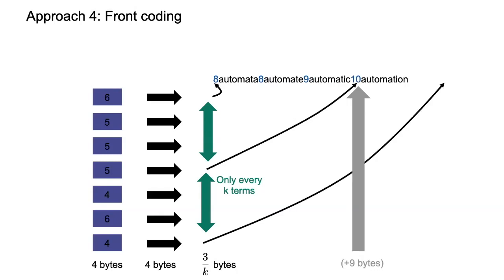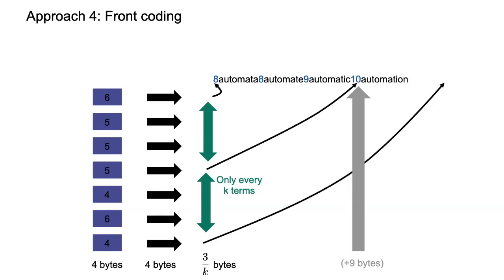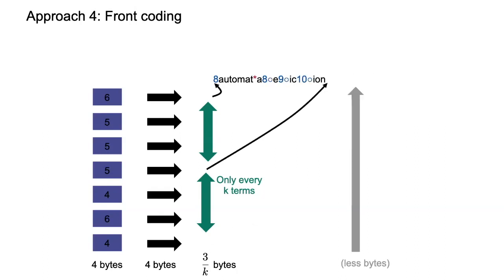There is another approach, though, that can also gain some space. Do you see what's happening in here? We notice that there is a lot of redundancy. If you have a very large collection of terms in a dictionary, it gets repetitive if they are sorted alphabetically. Automata, automate, automatic, automation, and they are sorted alphabetically in the index. So we can compress by sharing prefixes.